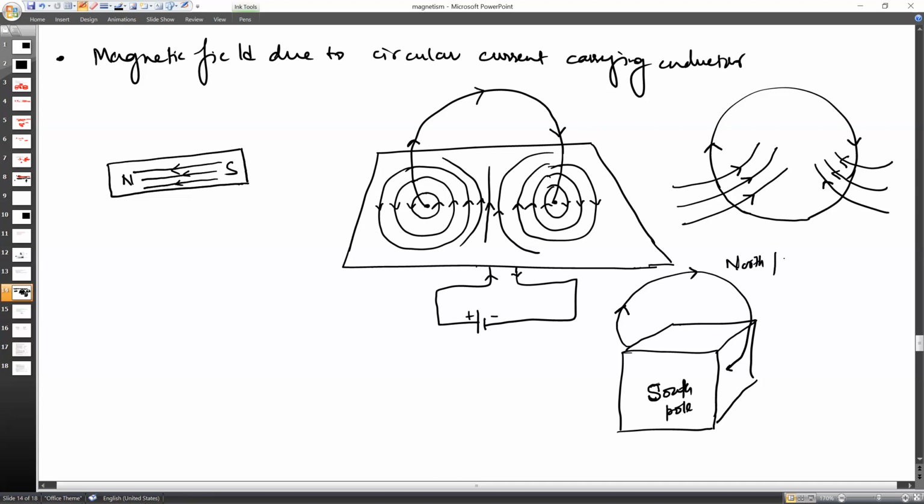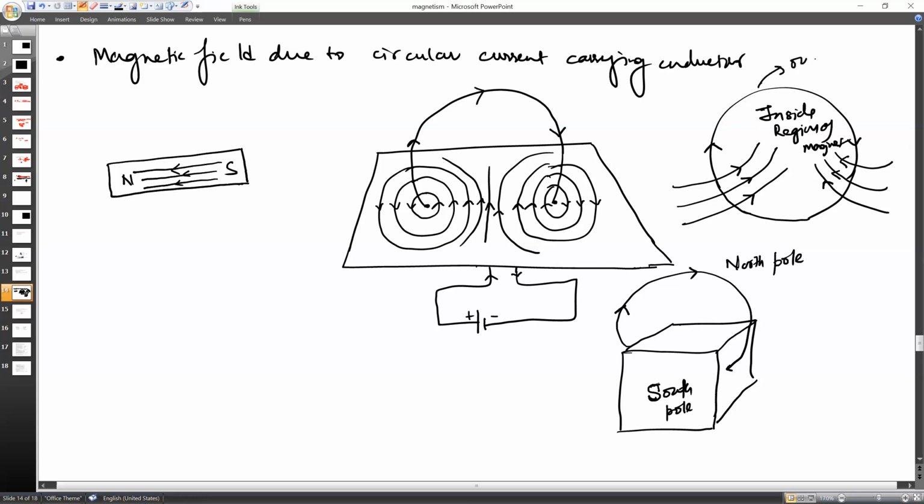Why? Because this is the inside region of the magnet.